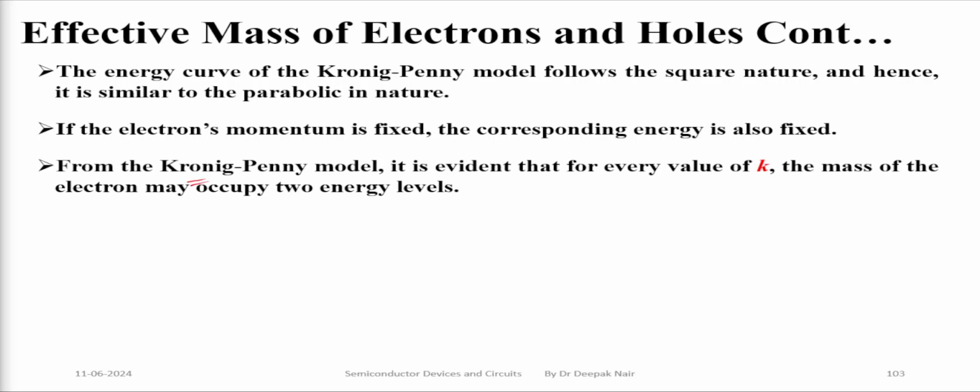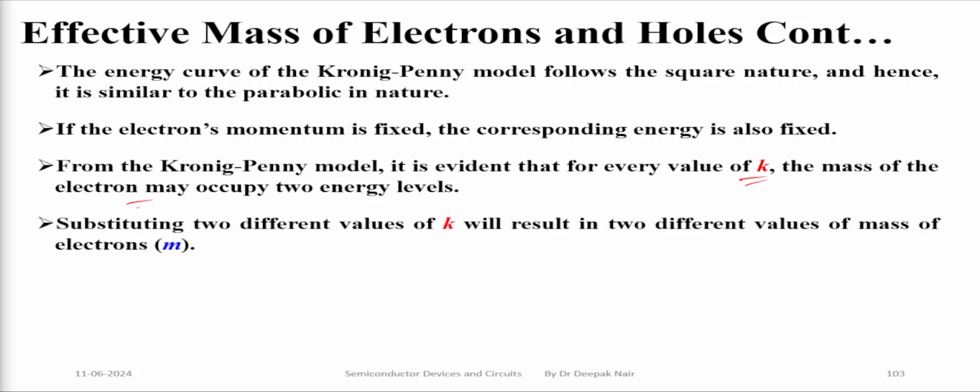From the Kronig-Penney model, it is evident that for every value of k, which is on the x-axis, remember k was on the x-axis and E was on the y-axis, the electron may occupy two energy levels. It may be either on the top or below the zero axis. Substituting two different values of k will result in two different values of the mass of the electron.